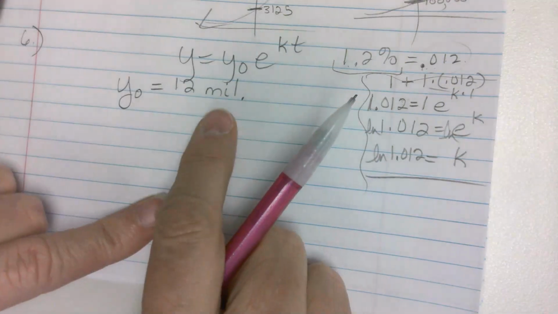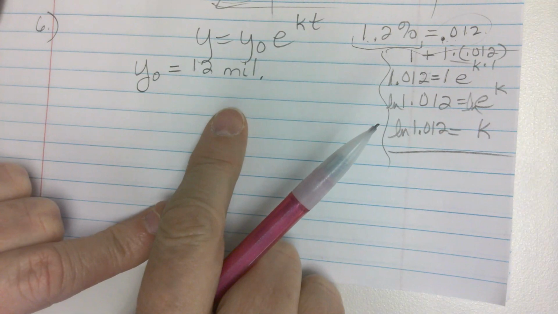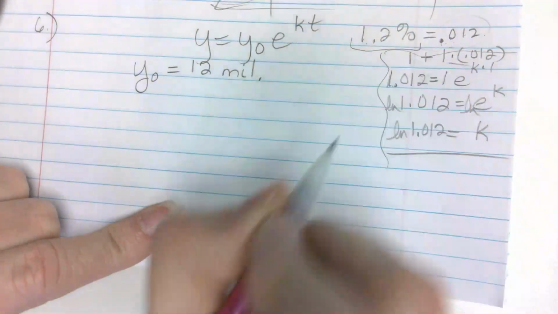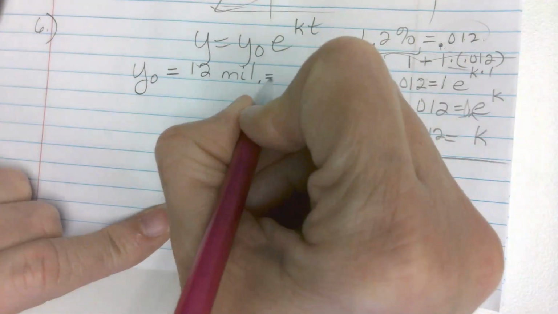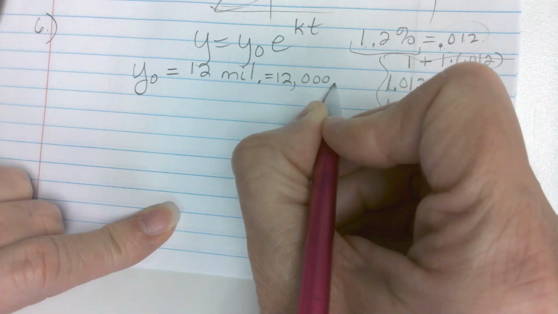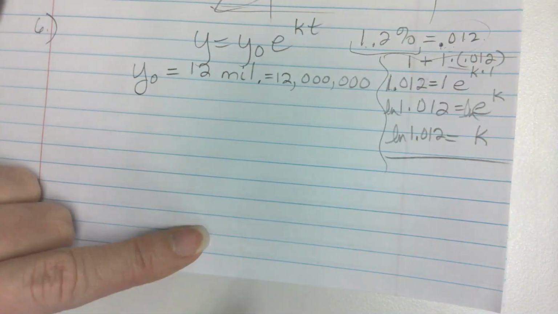Now, when I did this problem, I actually did 12 with 6 zeros. Do you want to do 12 with 6 zeros? Should we? Does it get complicated? Can we just do 12 times 10 to the 6th, or 1.2 times 10 to the 7th?